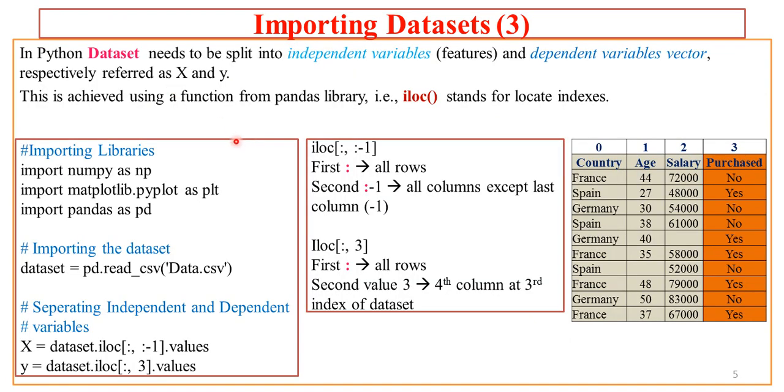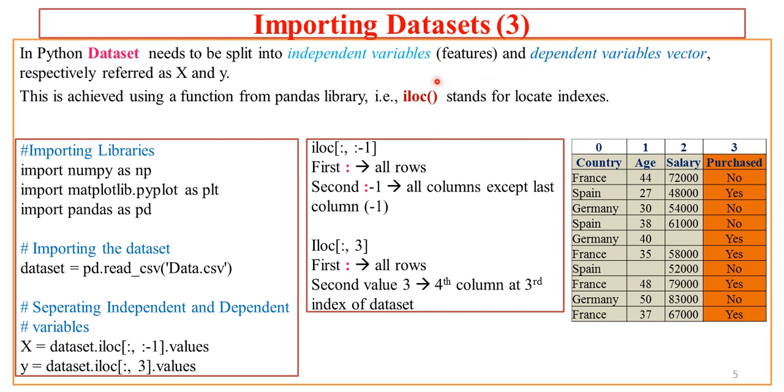Now let us try to explore a few more aspects of this particular step, that is called importing datasets. Once the dataset is available in the form of a data frame to our Python program, it is to be split into 2 different sets. One set is called independent variables, also called the feature vector, and the other set is the dependent variable vector.